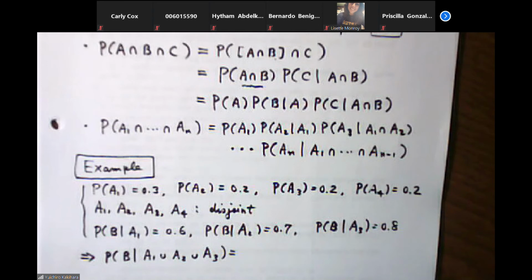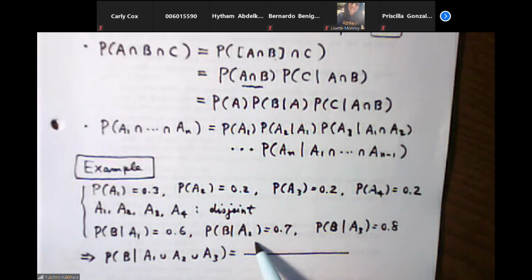Then you use the definition of conditional probability. This is a fraction, of course.